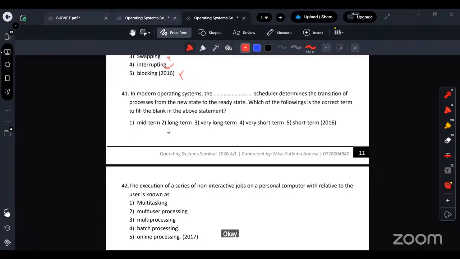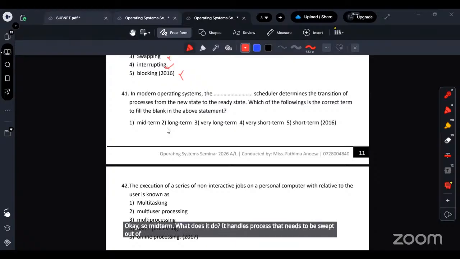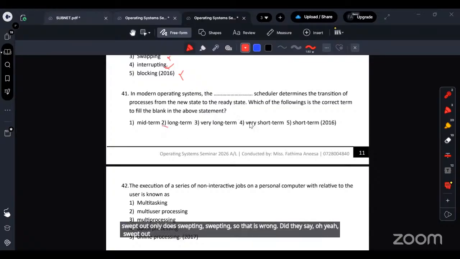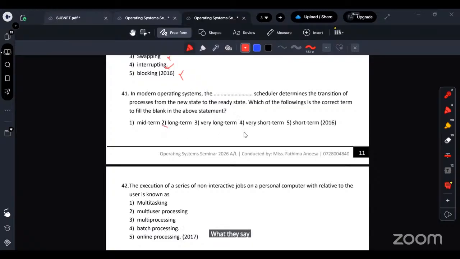Okay, so mid-term, what does it do? It handles processes that need to be swapped out of memory temporarily. Swapped out only, it does swapping. So that is wrong. Did they say swapped out over here? No, right? They say from new to ready state. So the answer is the long-term scheduler, which is also known as the job scheduler.